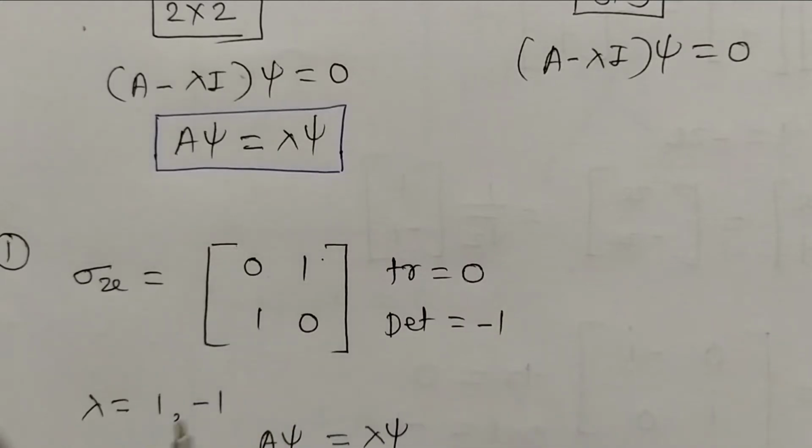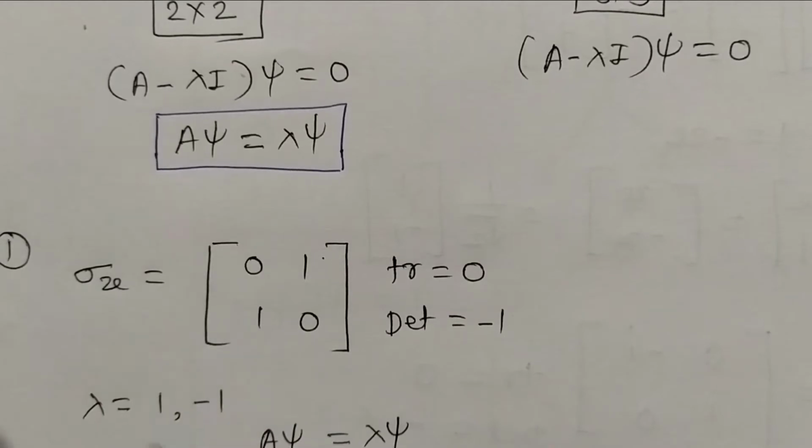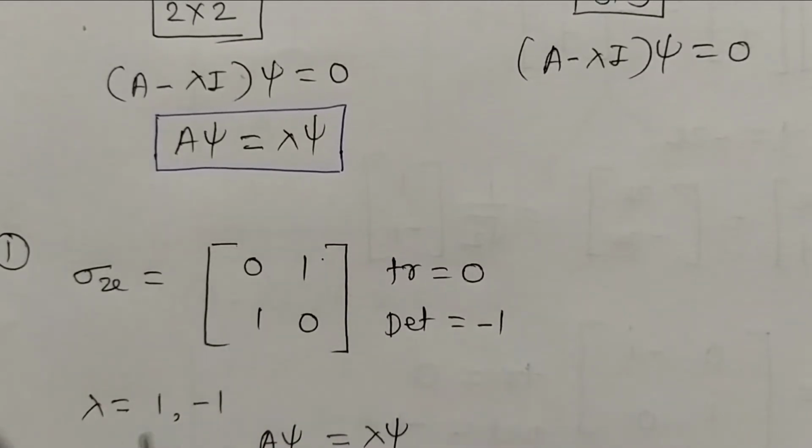Here 1 and minus 1 are those numbers. The multiplication of 1 and minus 1 is minus 1. So 1 and minus 1 are the eigenvalues of this matrix.